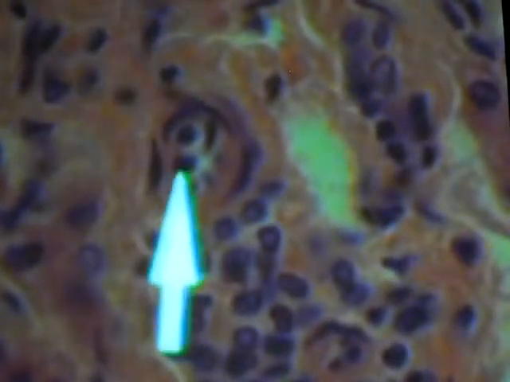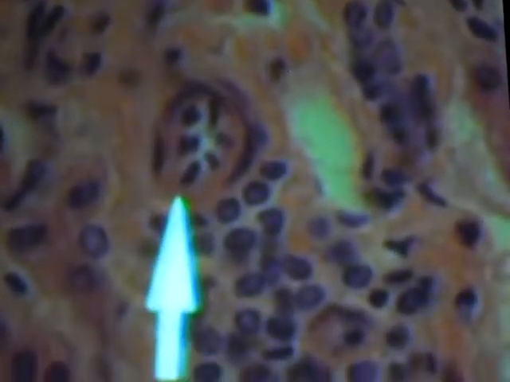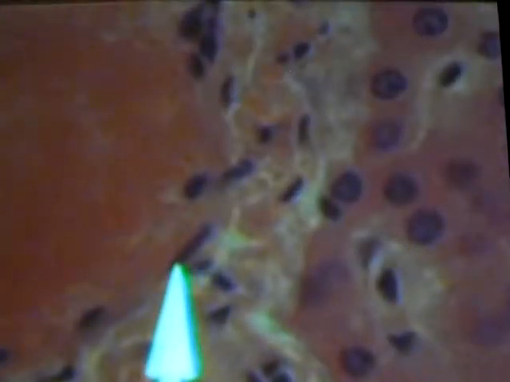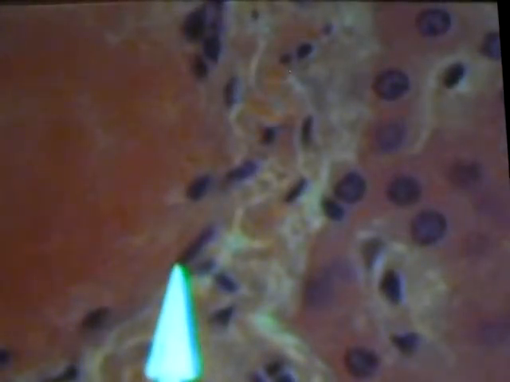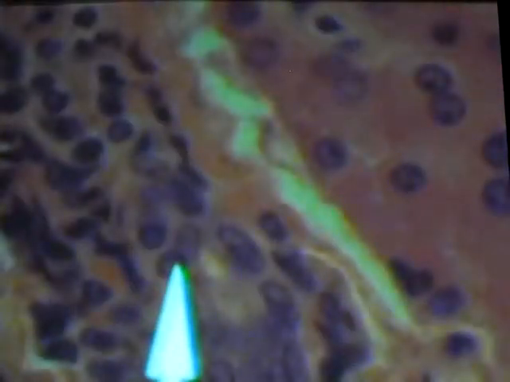Okay, ID this one. ID the specific structure. Artery. Hepatic artery. If it's classify the vessel, it's arterial. If I say ID the specific structure, then it's your hepatic artery.